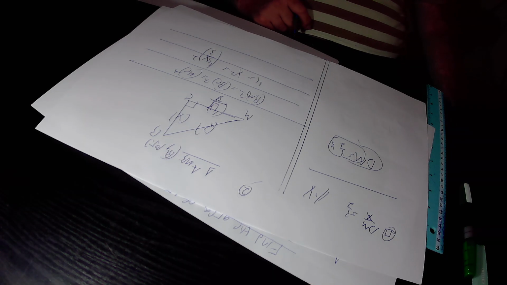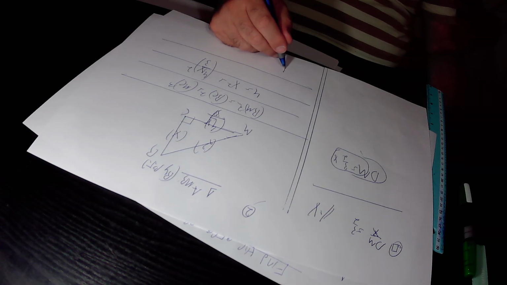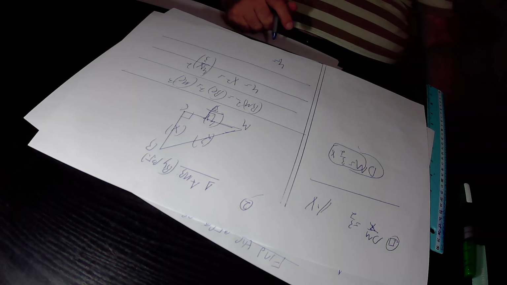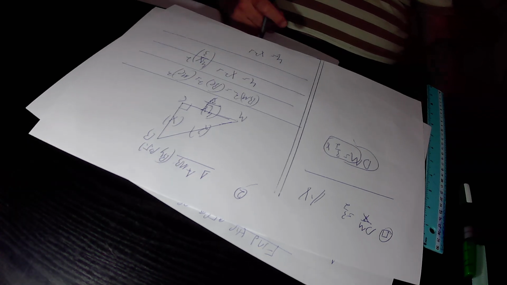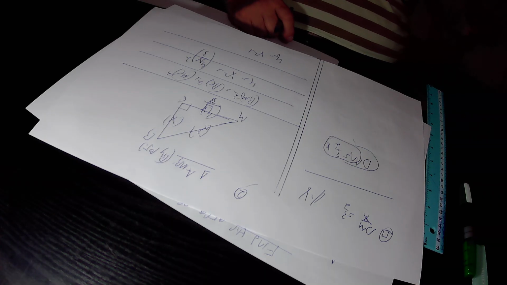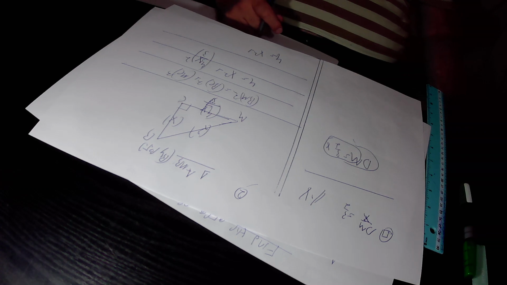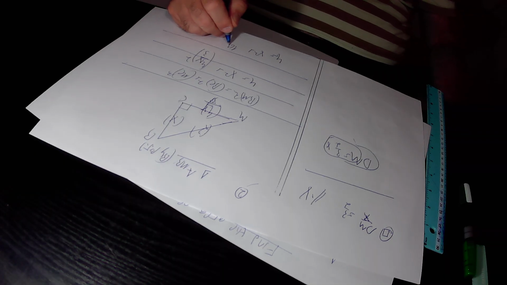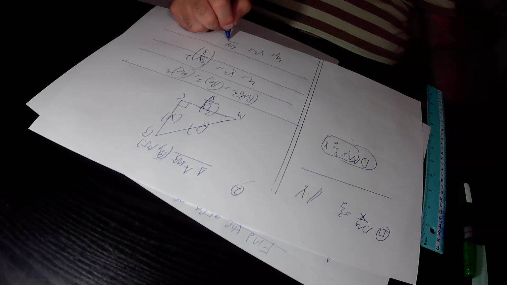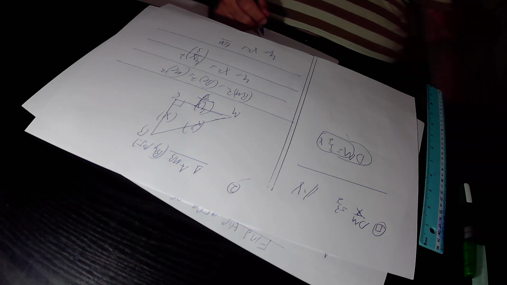So we found out that 4 equals x squared plus 4x over 3 squared. It is actually 16x squared over 3 squared, that is 9.